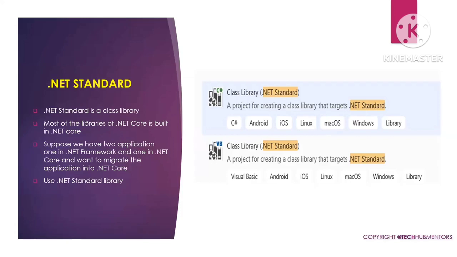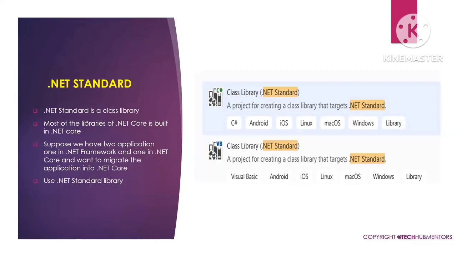we don't have .NET Core right now, and we have an application in .NET Framework. Now .NET Core is introduced, and we have created one more application, one more architecture in .NET Core. Now we want to migrate a .NET Framework application into the .NET Core application. One component is created in the .NET Framework application, and one in the .NET Core application.